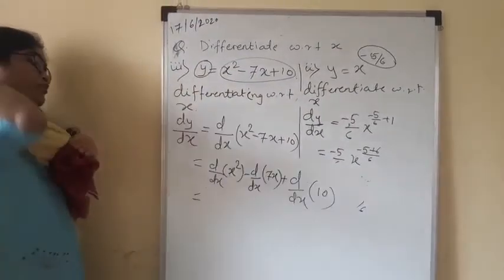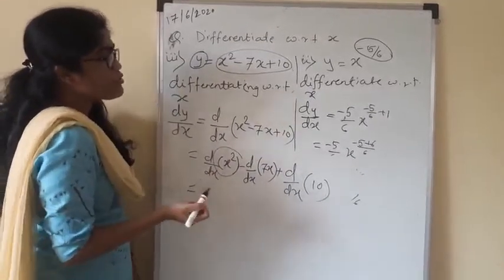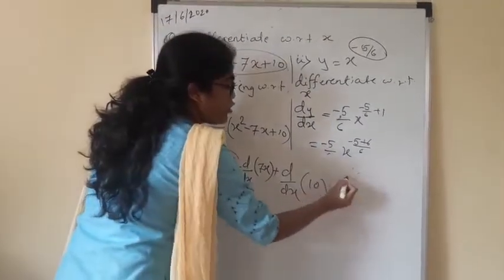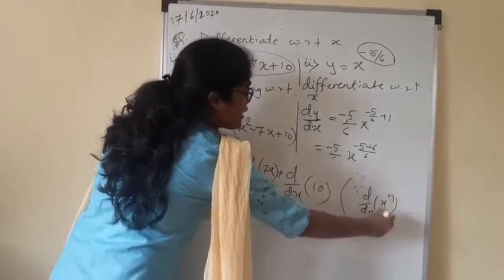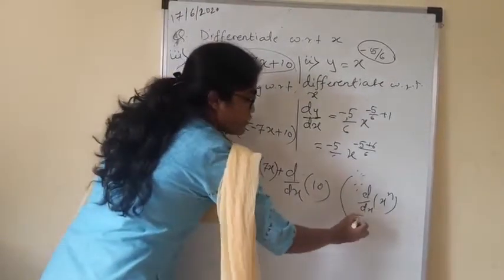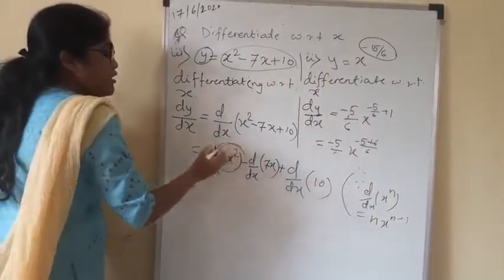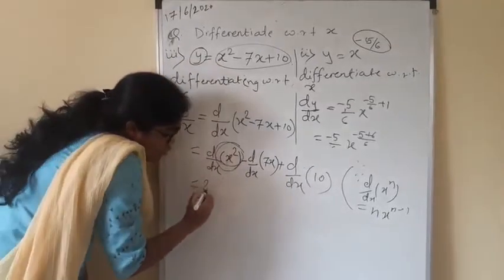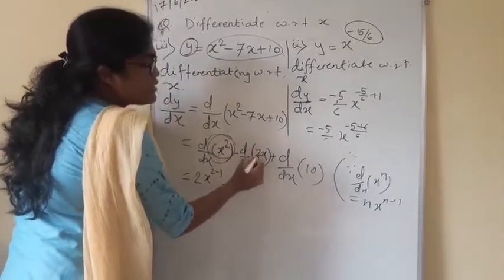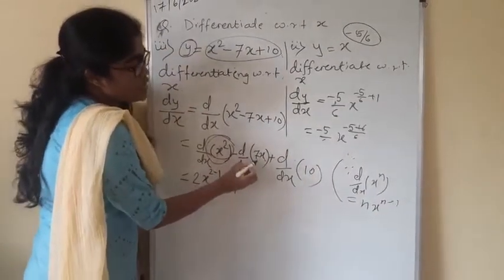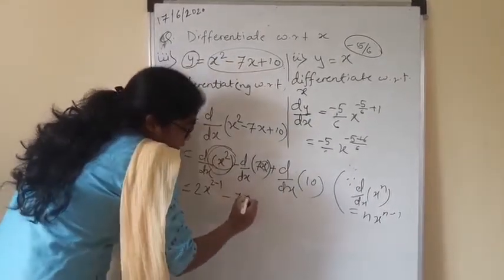Now you know that this is in the form of x raised to n, so again we are going to use that result only. The derivative of x raised to n is n x raised to n minus 1. So here the derivative of this is 2x raised to 2 minus 1, minus, we will take 7 outside. Here 7 is not a constant because x is there with it. So we will take 7 outside.